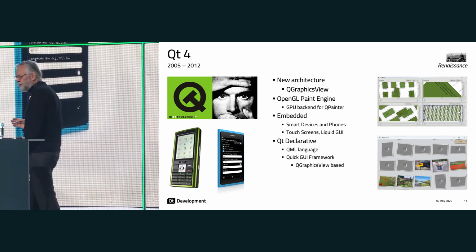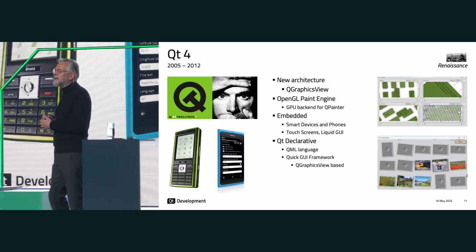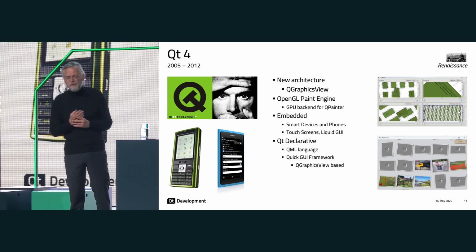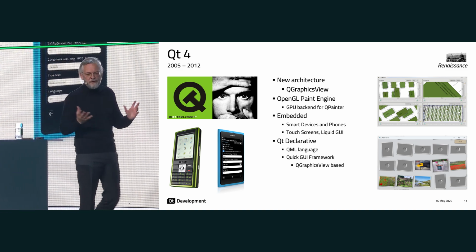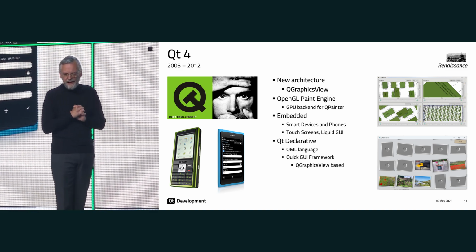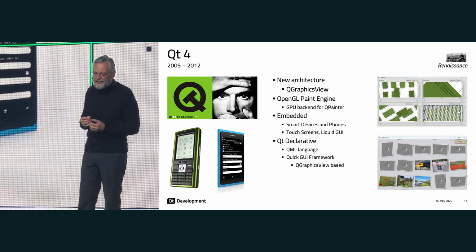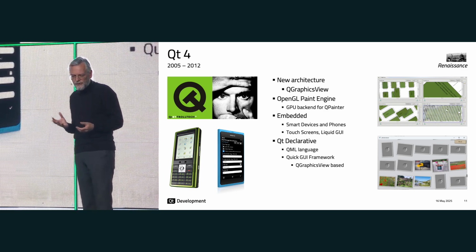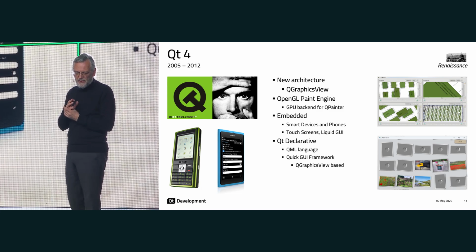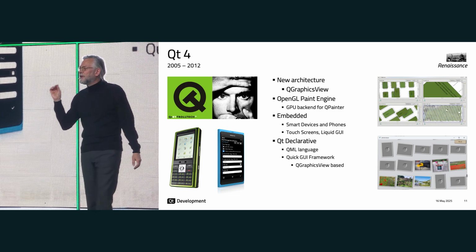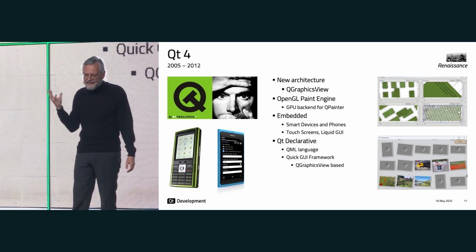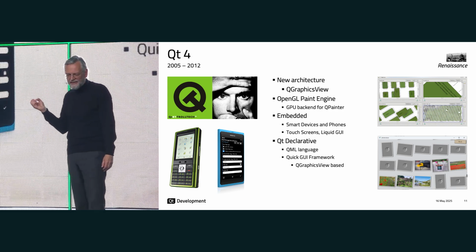These years, of course, were also the years of the smart devices and smartphones coming to market, and with them a whole new kind of graphical user interfaces with floating liquid design tuned for touch screens. So we added a new development paradigm to Qt, Qt Declarative, to make it easier to develop these kinds of user interfaces.